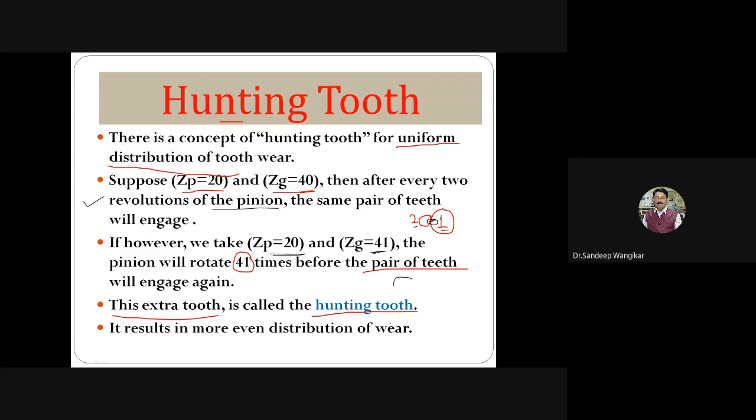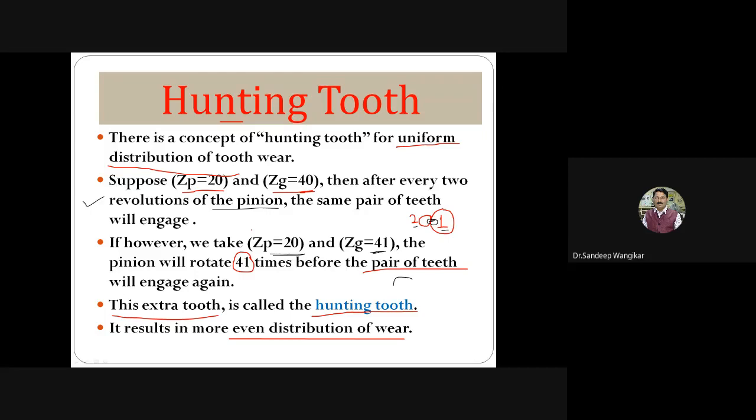And why is this extra tooth provided? For more even distribution of wear. Assume that there is wear on any particular tooth. Then if that tooth comes in contact with the same mating tooth after every 2 revolutions, it will wear at a faster rate.